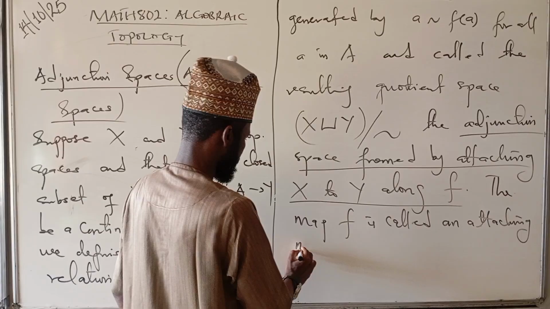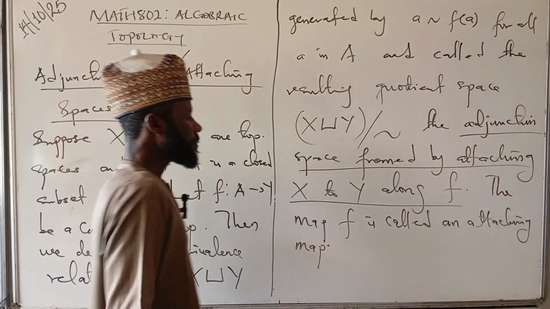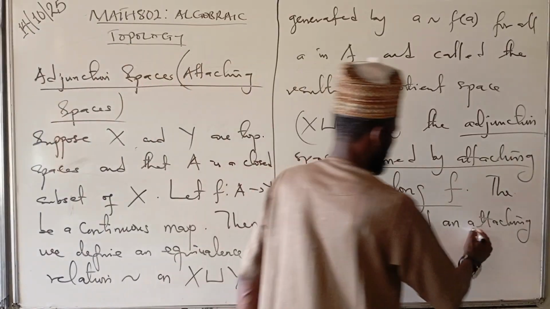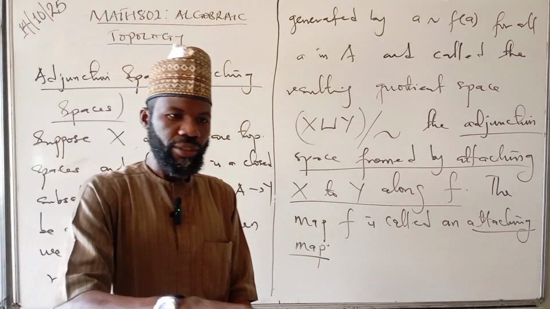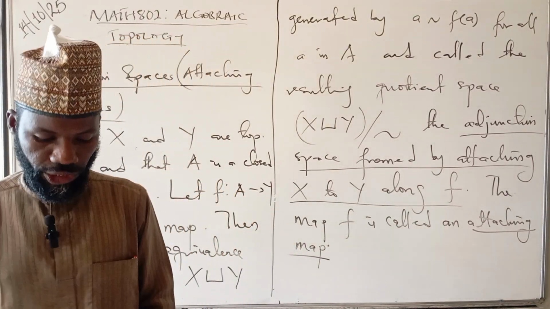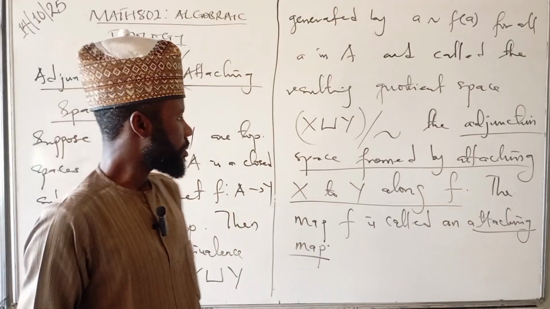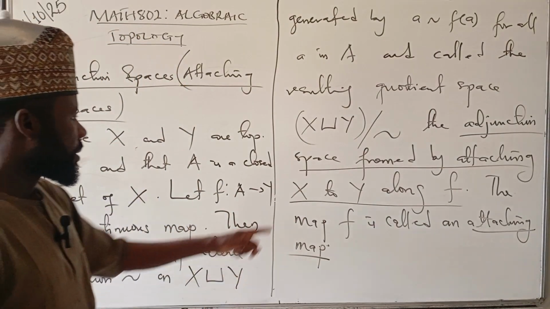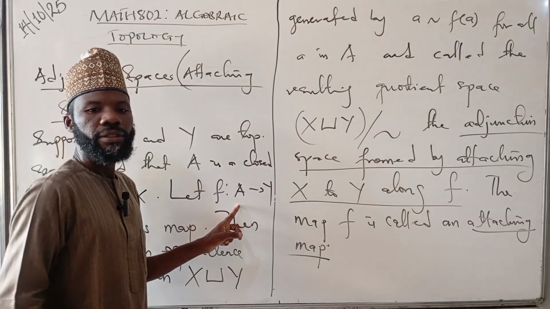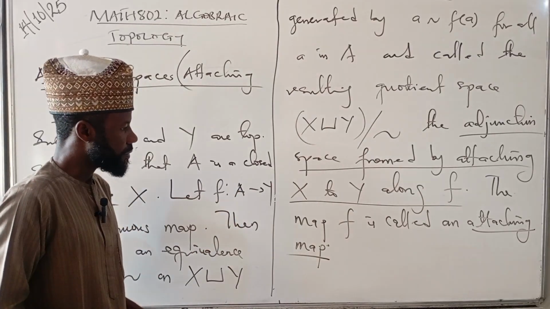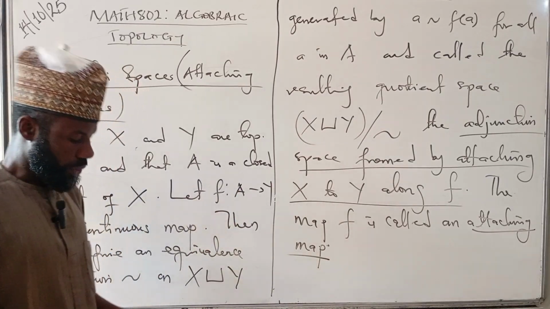That continuous mapping is called the attaching map because it's the one you use to generate the equivalence relation. It's like you are using the mapping to paste the space Y, along this subset A, to it.